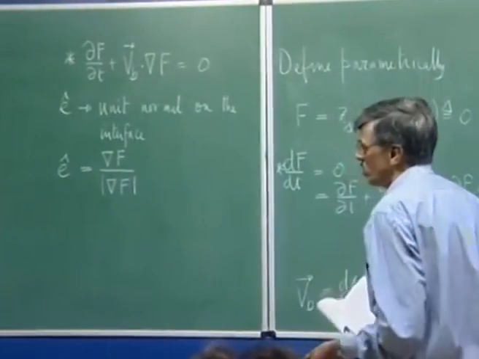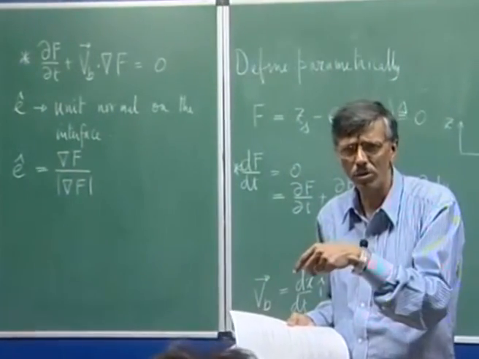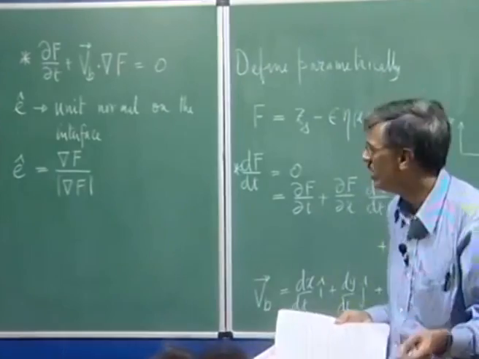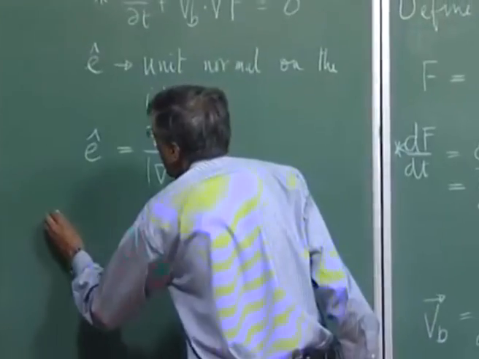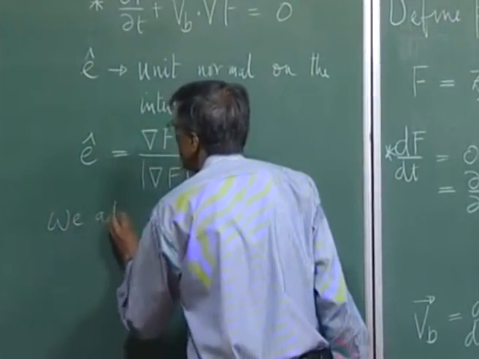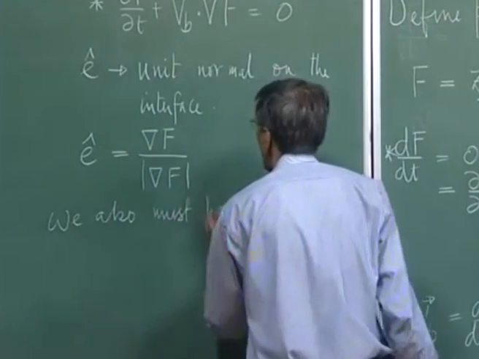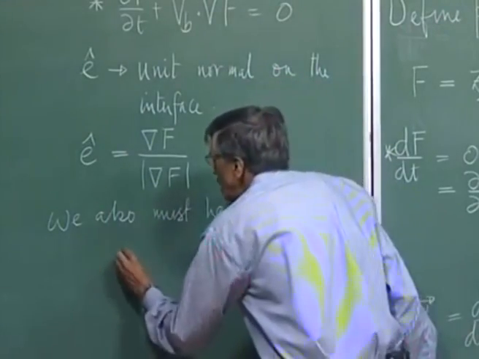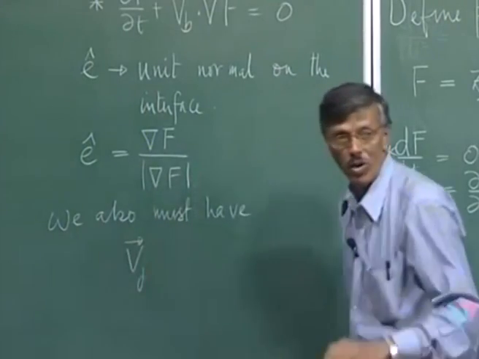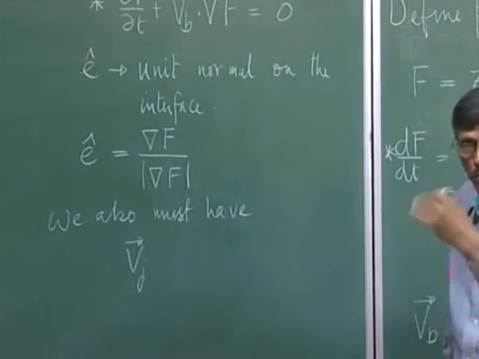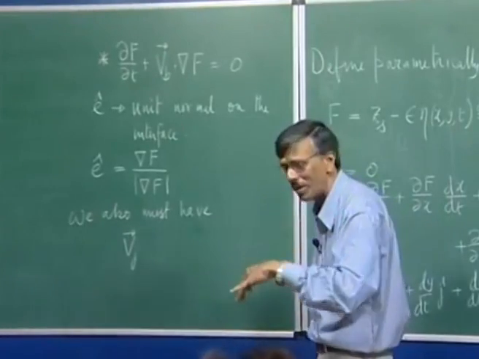What else do we know? That on the interface the boundary motion must also match the fluid motion, right. So, we also have the velocity in each phase, which I will write as V j. On the top surface it will be V 2, on the bottom part of that same surface it will be V 1.